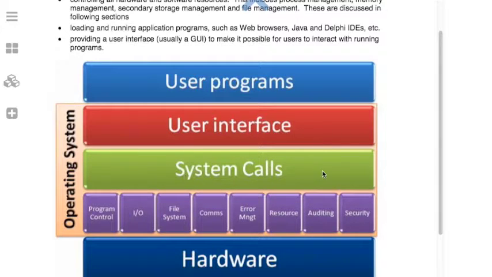And then you've got system calls, which essentially allows your application software to do particular things with the hardware. And then you've got the features of your operating system over here. So it controls programs, input, output, your file system, communications, error management, resources, auditing, security, and that all interfaces with the hardware.